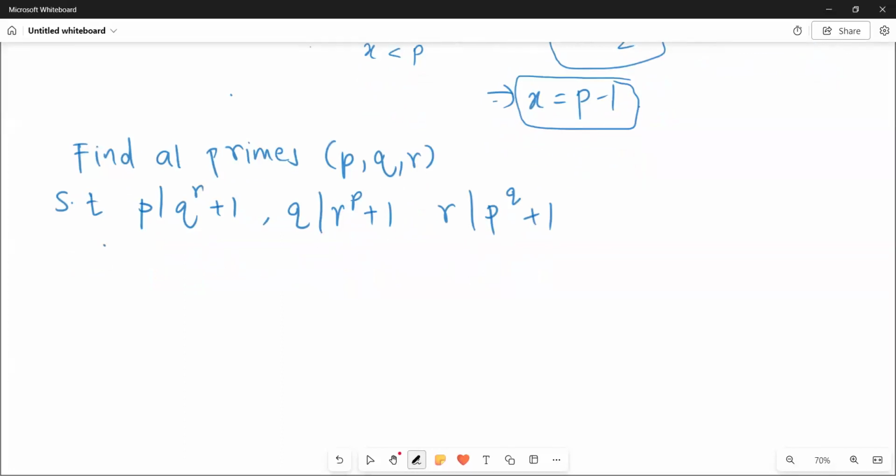So we have to find all primes p, q, r such that this is satisfied.